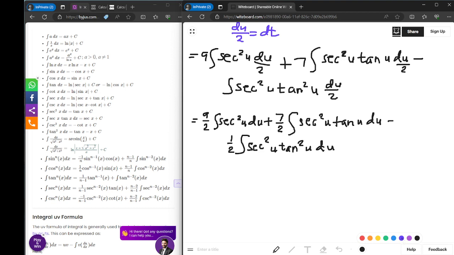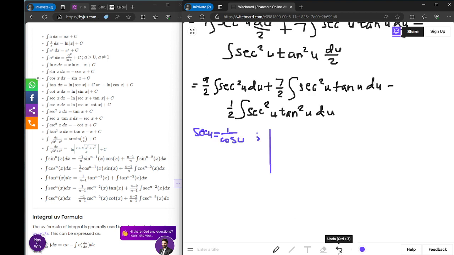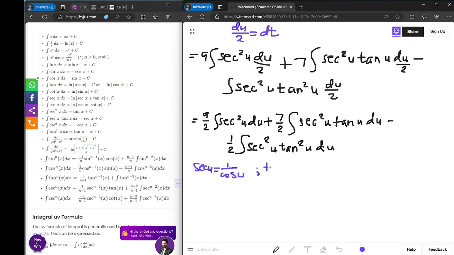We have some identities that secant is equivalent to 1 over cosine. So secant of u is equal to 1 over cosine, while tangent is equal to sine over cosine.